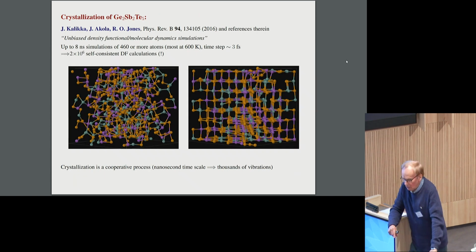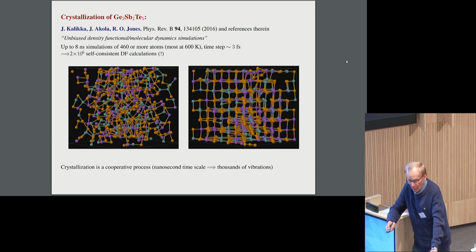This is a topic that has been my main effort for the last 15 years: the crystallization in a material which is the basis of most of the phase change materials used in storage, like in the DVD or Blu-ray disc.